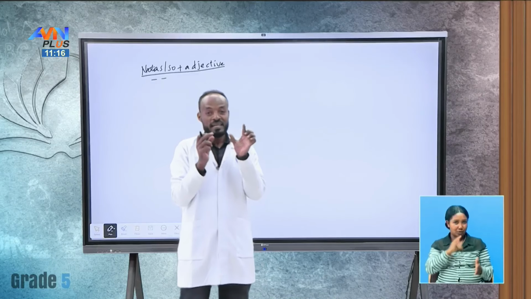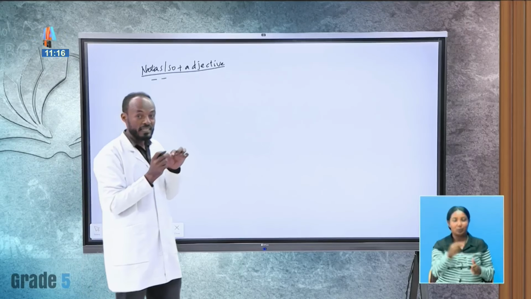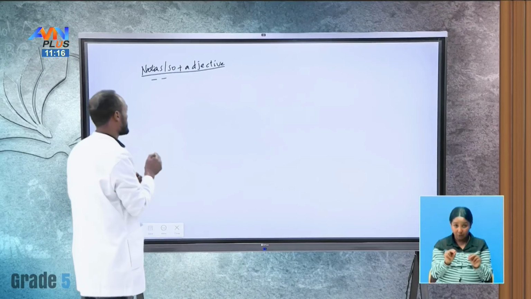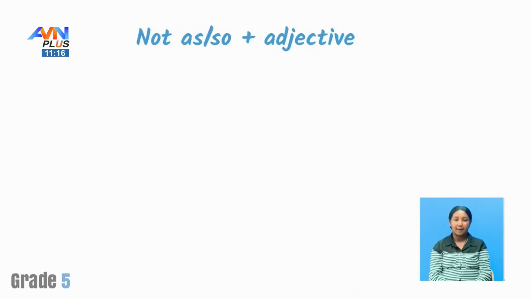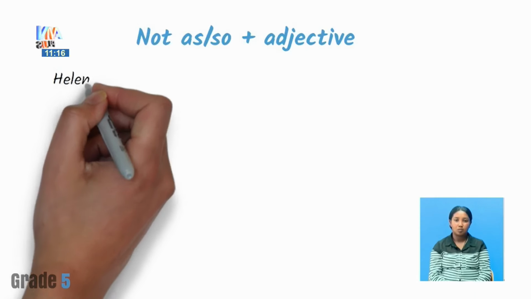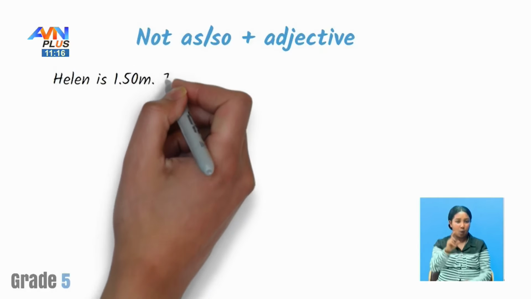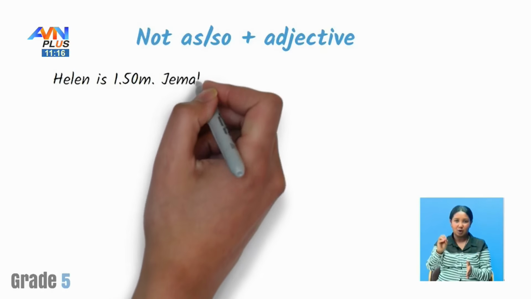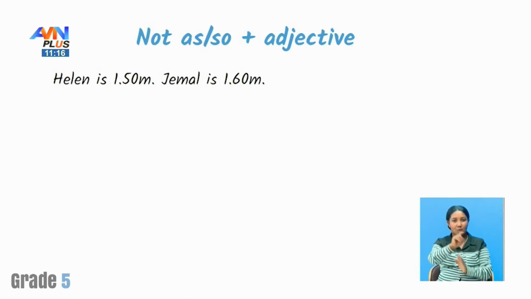If they are not the same in comparative forms, for example here, we can say, Helen is 1.50 meter. Helen is 1.50 meter.